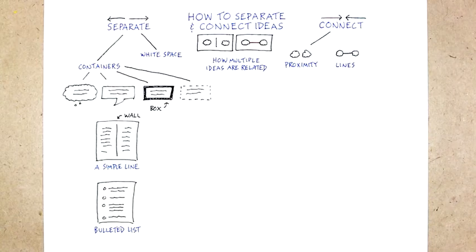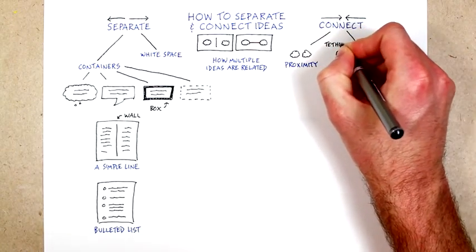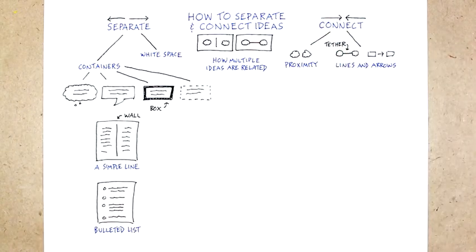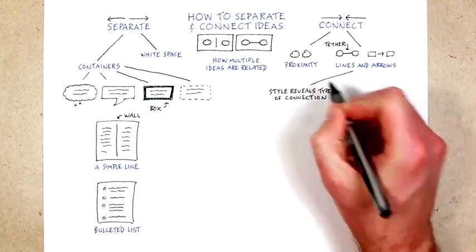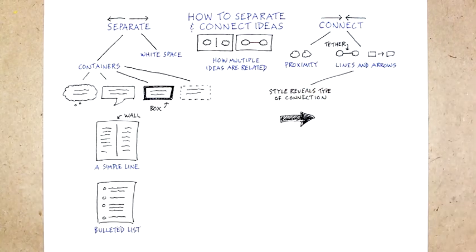You can add a bit more meaning to a line by turning it into an arrow that can help to describe in more detail the relationship between one idea and the next. And just as the style of the lines drawn to contain an idea let us know something about that container, similarly, the style of the arrow you draw can tell us something about the nature of that connection.